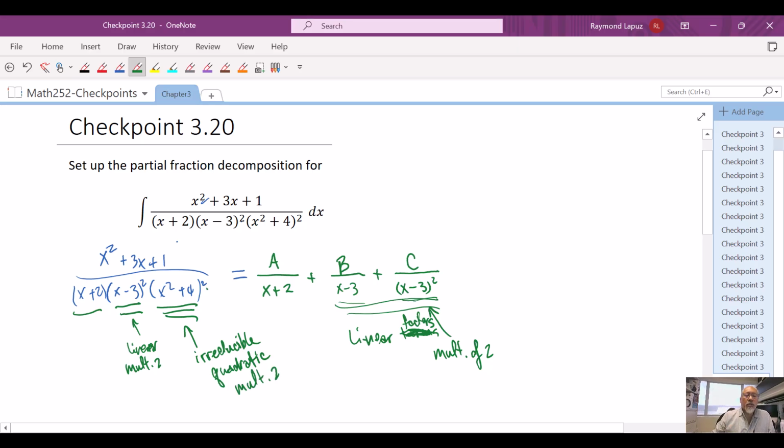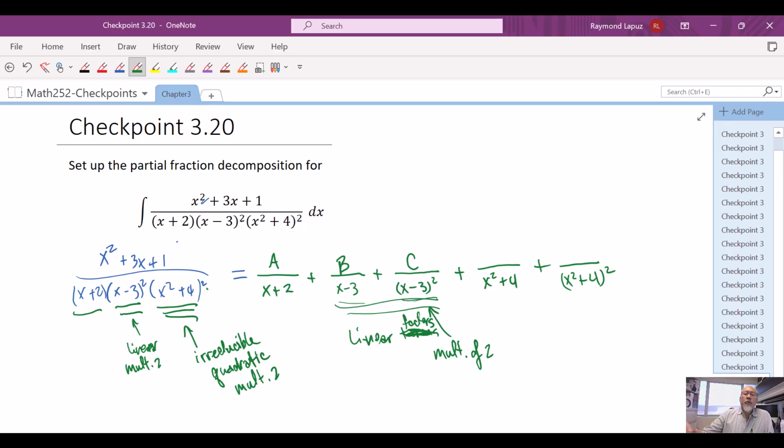So the power tells us that there's a multiplicity 2, which means that we're going to have to create 2 more fractions. The first fraction will be just the irreducible quadratic itself, and the second fraction would be the irreducible quadratic with the power. If this was to the third power, you'd create another term.